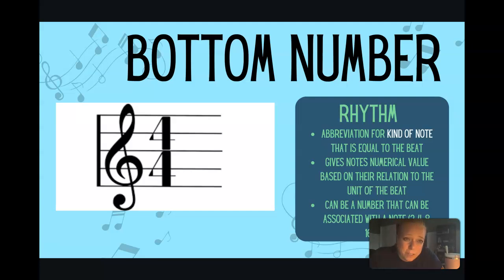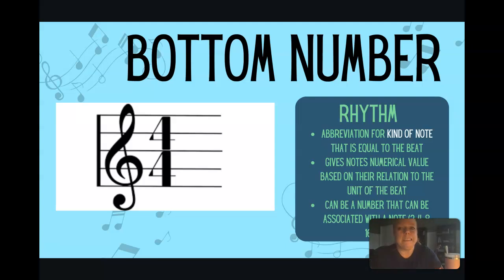Remember the kind of notes we have: whole notes, half notes, quarter notes, eighth notes, 16th notes, and so on and so forth. Once you know which kind of note is equal to 1 count, then you can give a numerical value to all of the other notes and rests that you're going to see on the page.